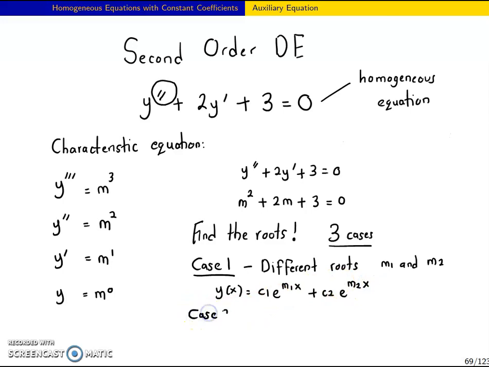The second case is when you have equal roots, such as m1 equals m2. So your general solution is given as e to the power of mx times (c1 plus xc2).